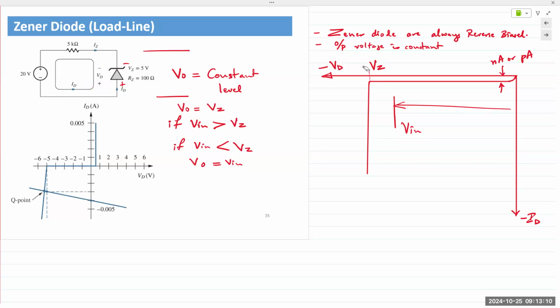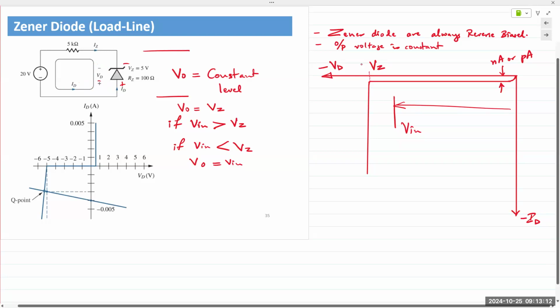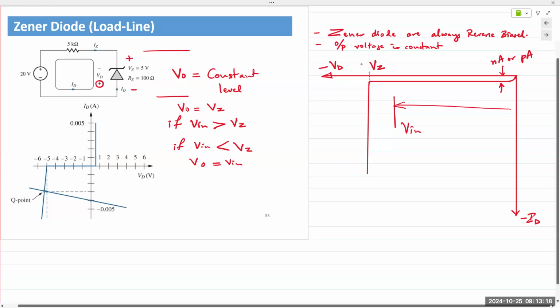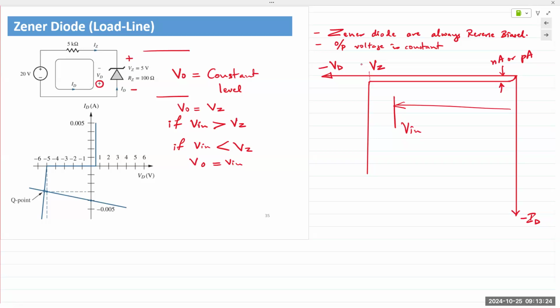Okay, so VD has a positive reference at the anode. However, VZ has a positive reference at the cathode. So we treat the Zener voltage and the Zener current as positive at the cathode, opposite of what the diode voltage and diode current would be.